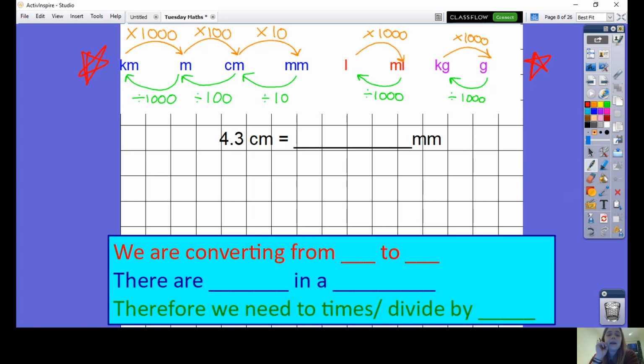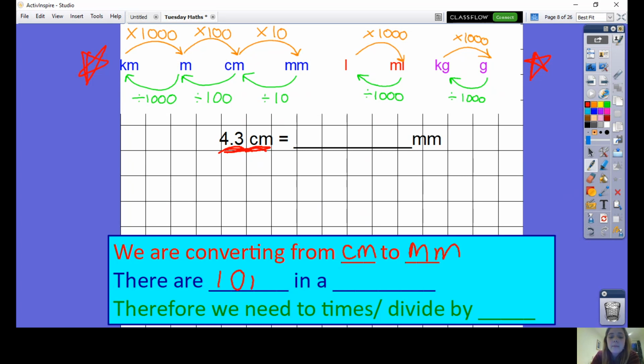Before we move on to any new learning, we're going to continue cementing what we did yesterday, because this is actually really tricky for many children, and some people really struggled with their work yesterday. So let's just remind ourselves of the steps. We are converting from centimetres, because I know what my centimetres are, to millimetres. That's my unknown.